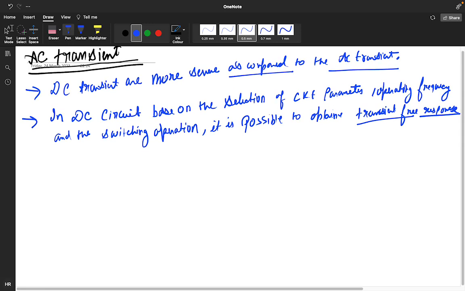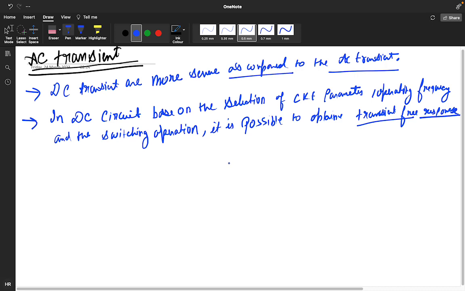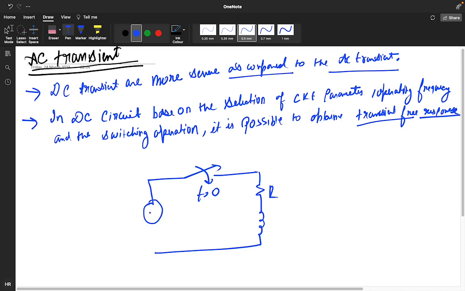See, if I have a circuit like this, now I have an AC supply. I am switching this circuit at t equals 0, and I have an R network, an L network, and an AC source V of t.